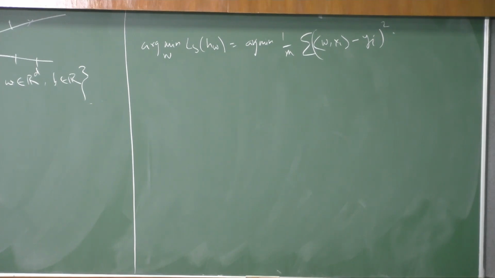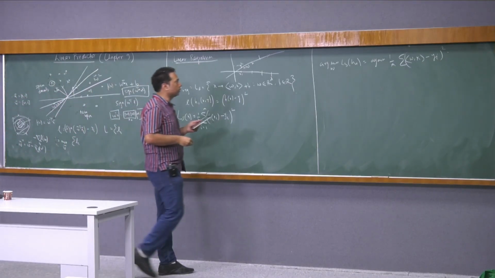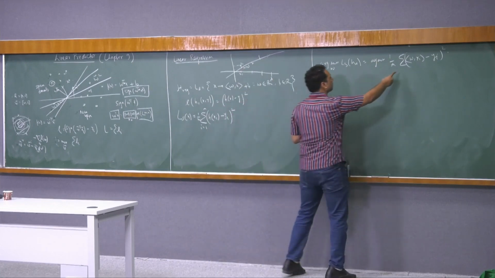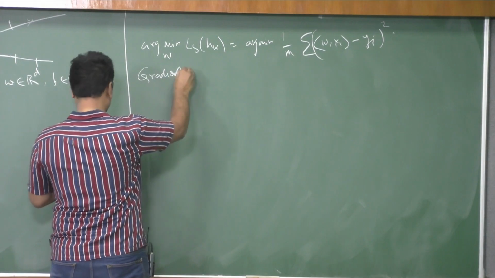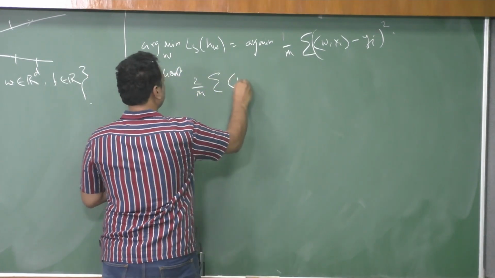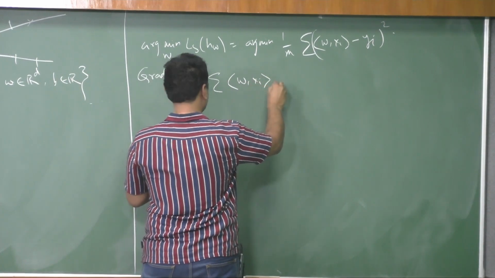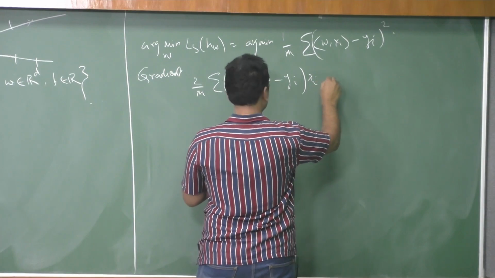As I said, we can use a gradient descent method to solve this. If we compute the gradient with respect to w, it will be 2 by m sum of (w xi minus yi) times xi, equal to 0.